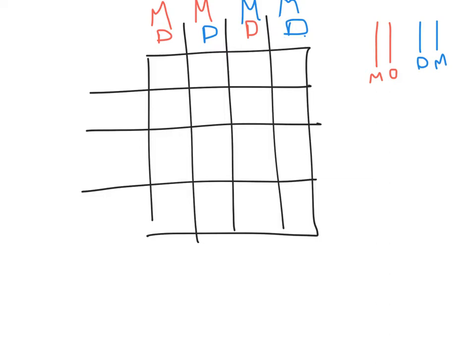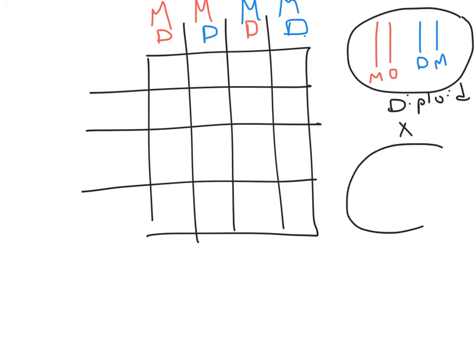So 2 blue chromosomes, 2 red chromosomes. This was the diploid cell. So this Punnett square we're drawing is what happens if you crossed 2 of those individuals together. Or selfed a plant.